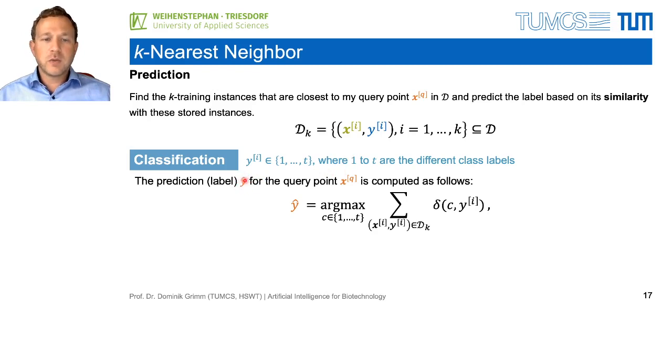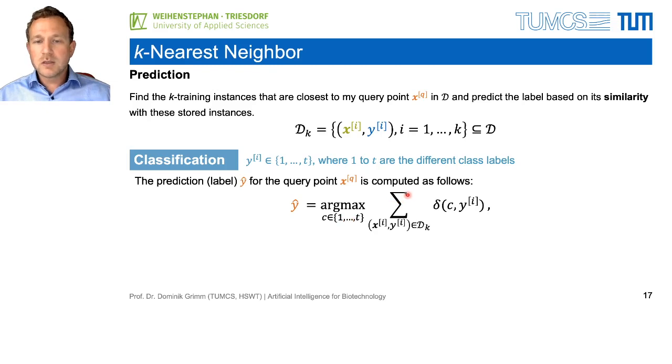The hat above the y indicates that the y is predicted. It's not a y that we are given from the training data set, it's a y that we'd like to predict. So y hat is our prediction for the query point xq, and we compute the prediction as follows. Y hat is equal to the argmax over all our classes. So we'd like to find the class with the maximum number of the following.